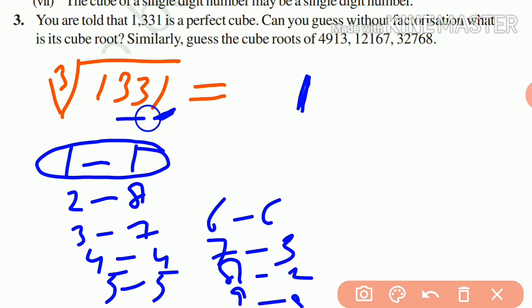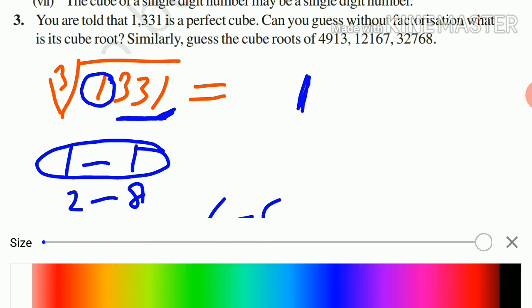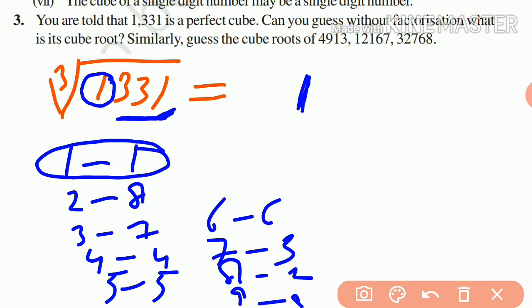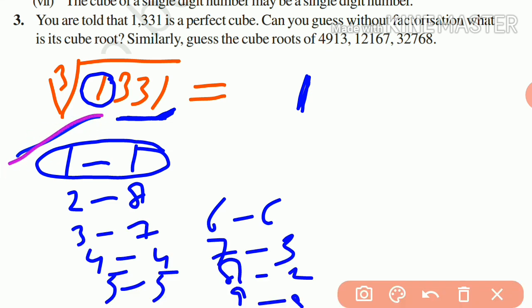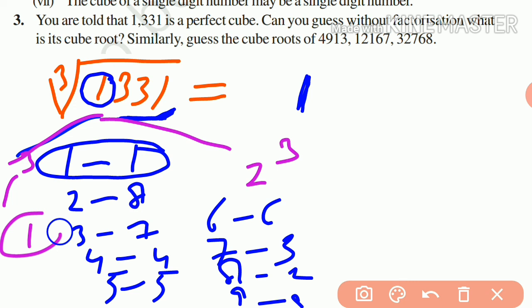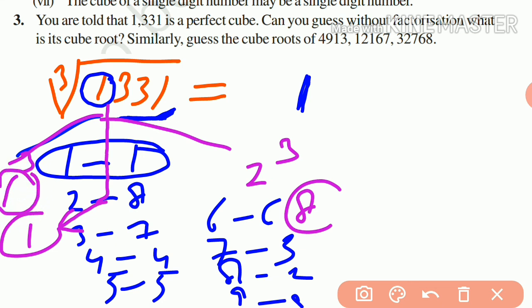And now we will leave these 3 digits and take this one. So we will see that this number 1 lies between what two numbers? 1 cube and 2 cube. 1 cube is equal to 1 and 2 cube is equal to 8, and 1 lies between them, so we will write this 1 here also.